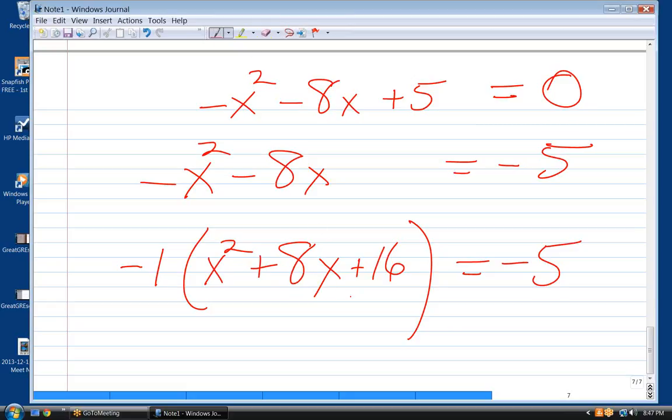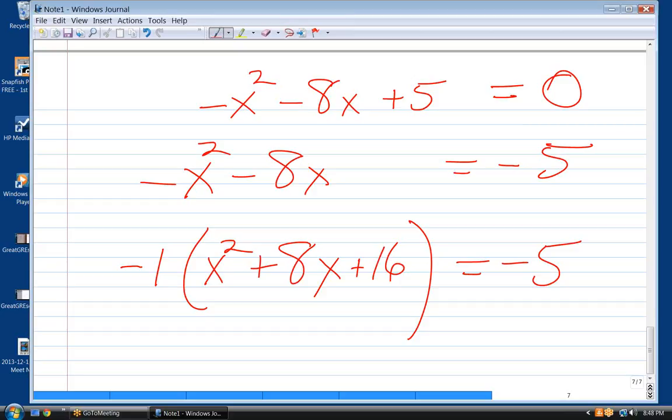However, you can't arbitrarily just stick in numbers in equations. If I want to write in a 16 there, I've got to balance it out on the other side of the equation, right? To keep all things equal. Well, what did I actually add to the left side of the equation? Did I add 16?